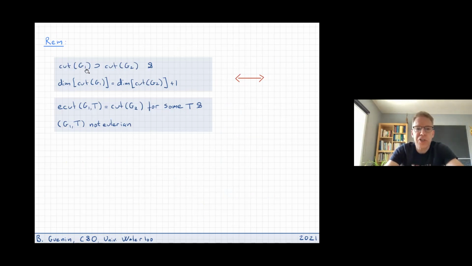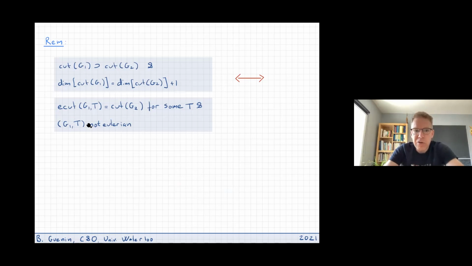So the cuts of G1 contain the cuts of G2, and the difference in dimension for the cut space is just 1. And that's equivalent to saying that I can find a set of terminals T for G1 so that the even cuts of (G1,T) is equal to the cuts of G2. And I need to have the condition that (G1,T) is not Eulerian.